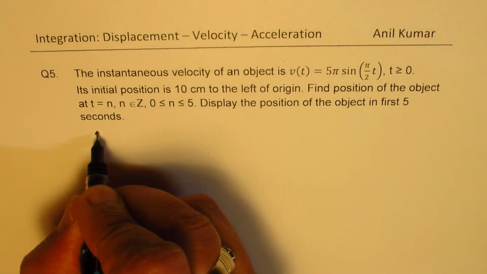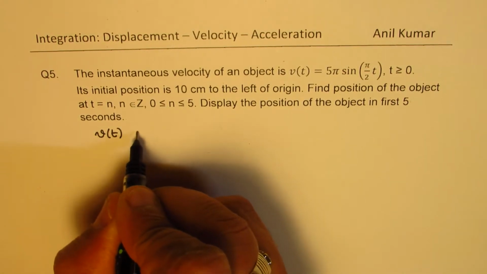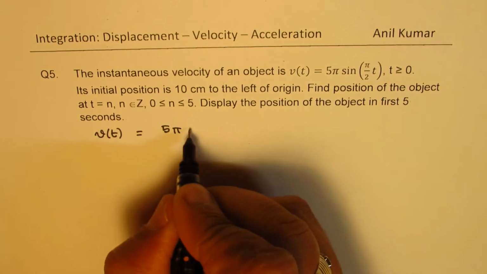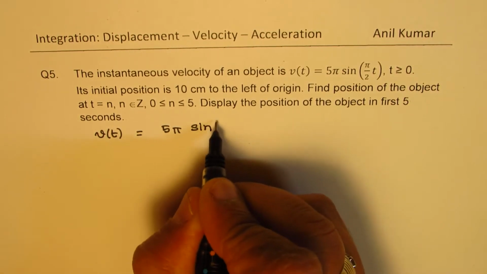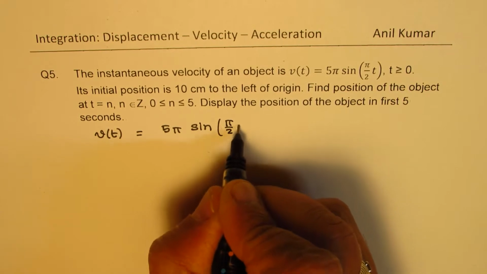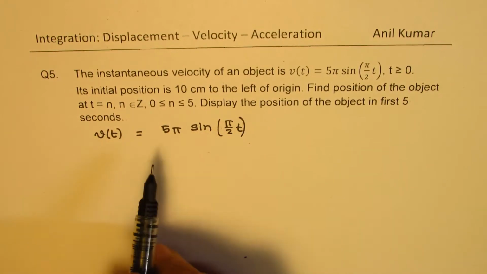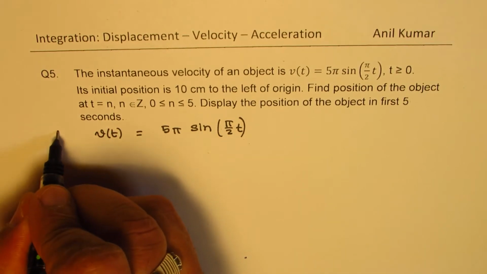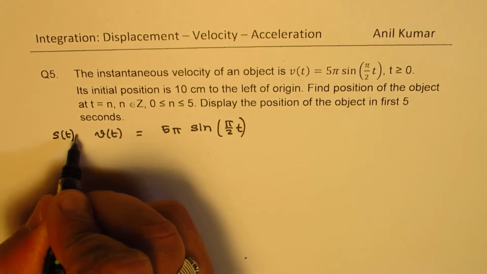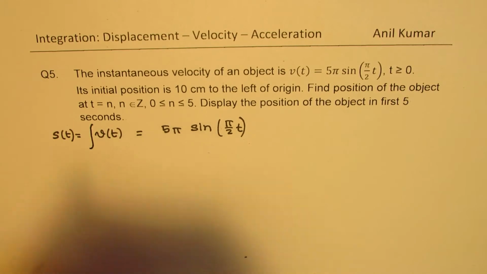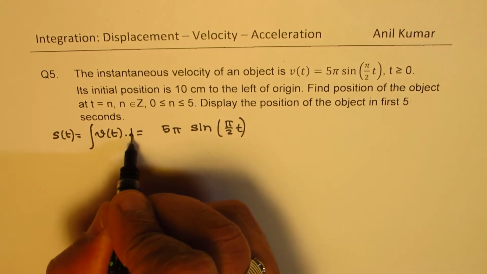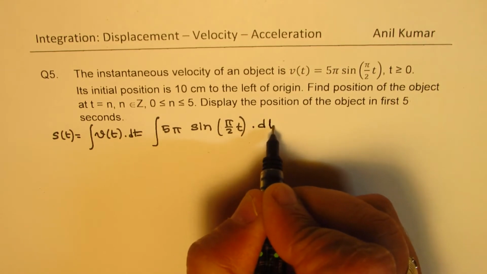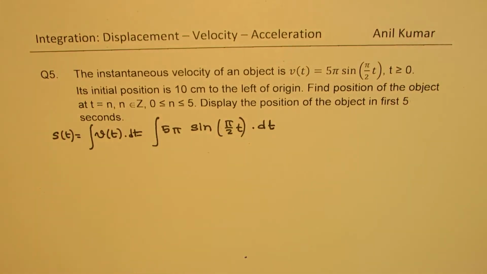So we are given the velocity, which is equal to 5 pi sine of pi by 2t. Now we need to display the position vector, so we want s of t. So s of t is the integral of v of t dt with respect to time. So let's integrate this with respect to time to get the displacement.